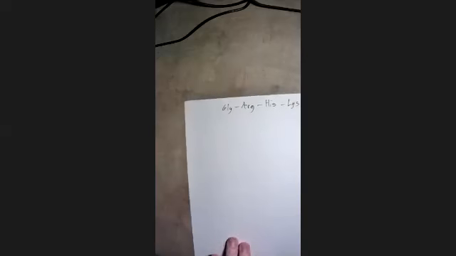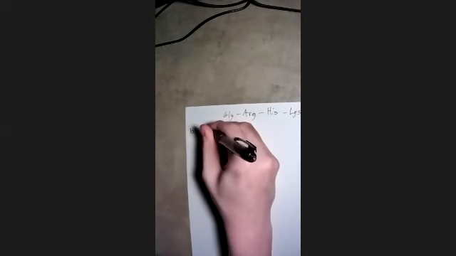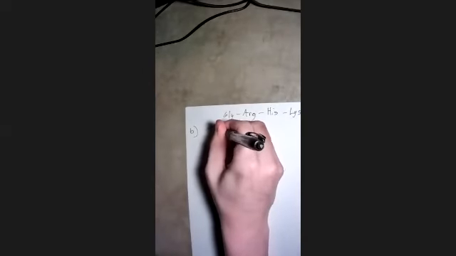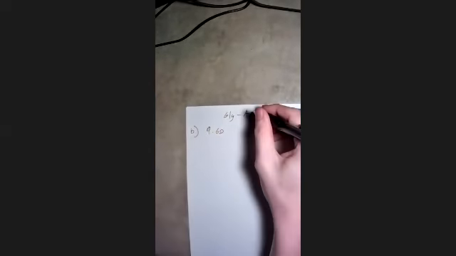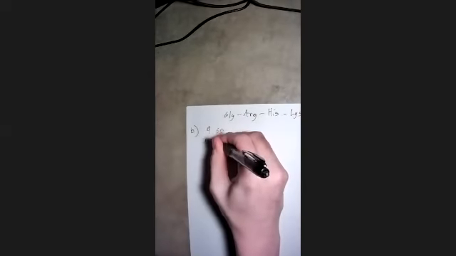All right. So calculating the PI, right? We'll start with B because A is just writing out the structure. The N terminus of glycine is at 9.60. The arginine side chain is going to be 12.48.